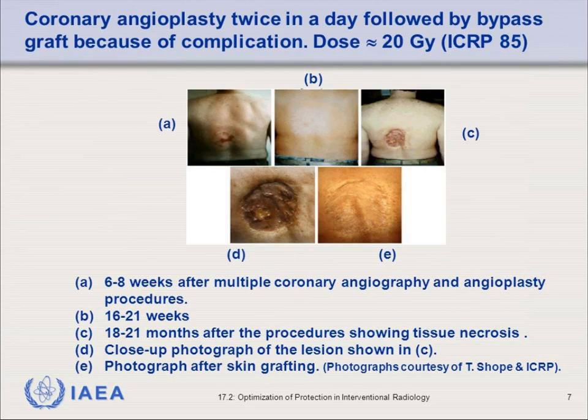In picture A, it's 6 to 8 weeks after multiple coronary angiography and angioplasty procedures. In B, it's 16 to 21 weeks, and in C, we see a close-up photograph of the lesion. The last one, D, is a photograph after skin grafting.